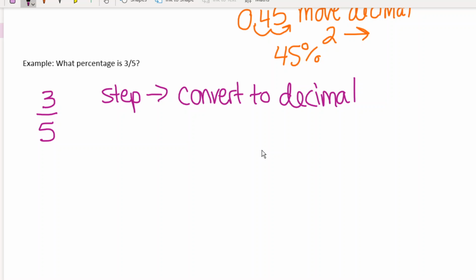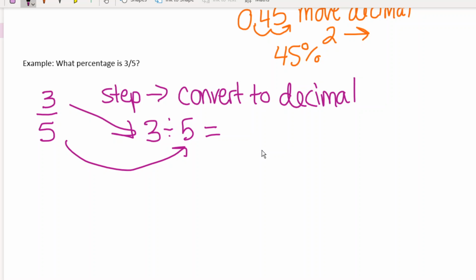And we do that by doing 3 divided by 5. And we're going to get a nice decimal on our calculator when we do this. We are going to get 0.375, or 0.38 if you are going to round it. All right. Sorry, this is step 1.